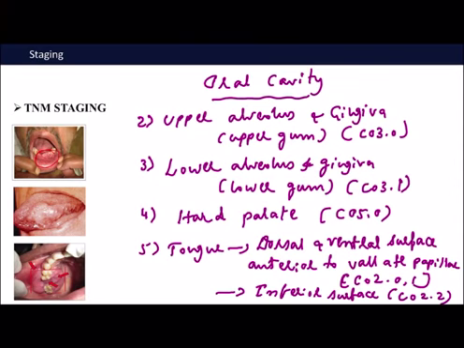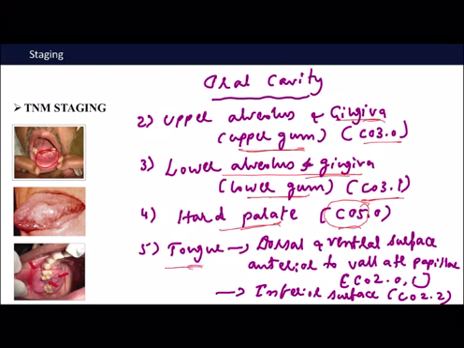Then other than that, we have the cancer of the alveolus. You can see the picture over here, the involvement of the alveolus and the gingiva, considered as upper gums, that is C03.0. For the lower alveolus and gingiva, we consider it as lower gums. The coding for this is C03.1. And for the hard palate, this particular thing has been changed because the area is also considerably changing, that is C05.0.